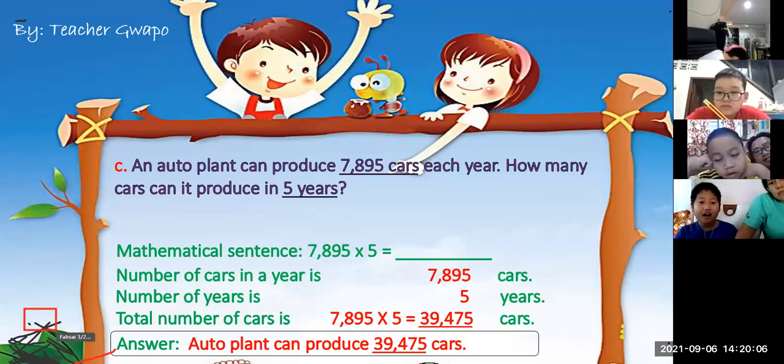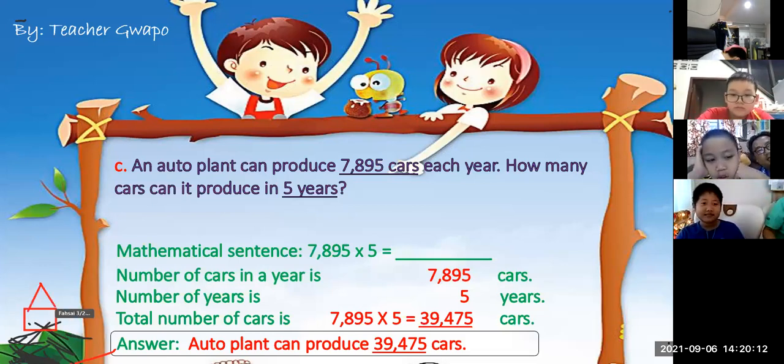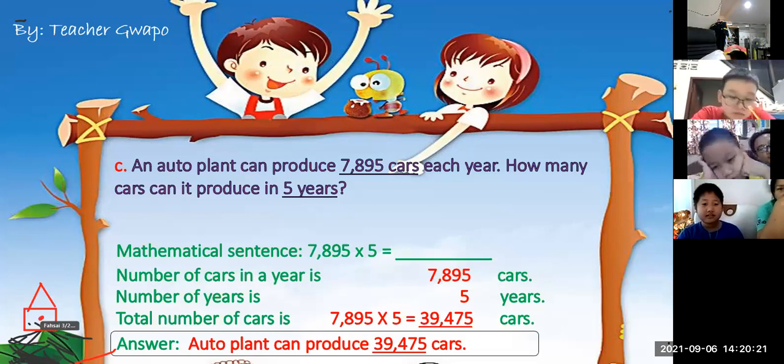Now, in letter D, it's about letters. Letters A, B, C, D, E, F, G. Just like how many letters are there in the word cars? Cars has 4 letters, right? C-A-R-S, cars.